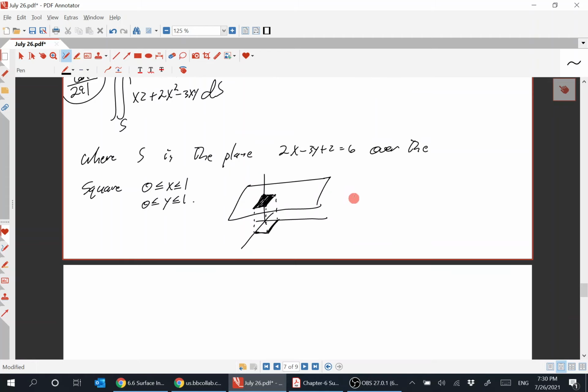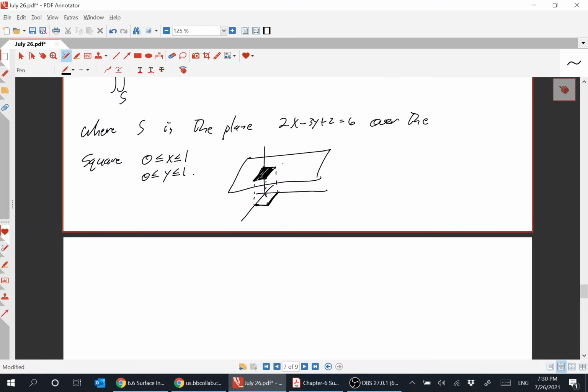Okay, so we have to pick a parameterization here. So this is z equals 6 minus 2x plus 3y. Because it's a surface z equals f of xy, you can pick your standard parameterization, r of x, y: x is x, y is y, and z is f of x, y.